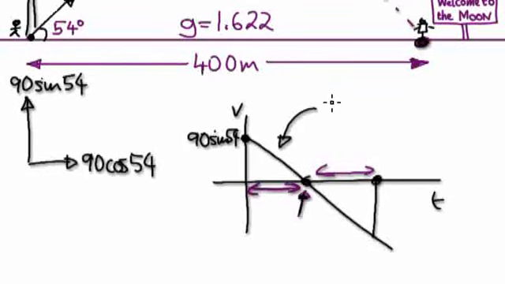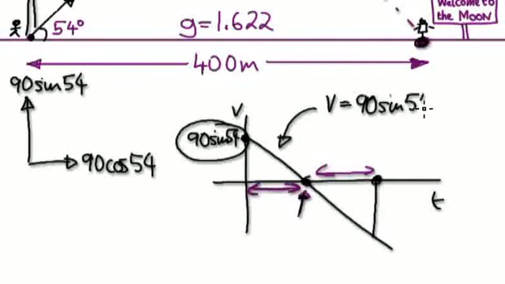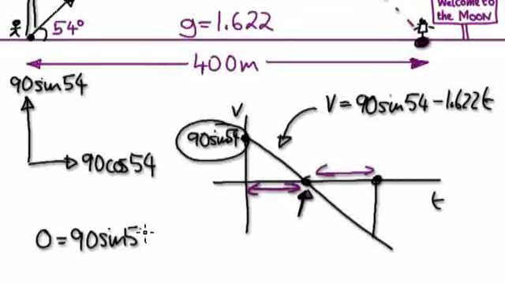First, we need the equation for this line. So it will be V equals the initial vertical velocity, which will be 90 sine 54, take away 1.622 t. So at this point here, the velocity will be 0. So put 0 into the V. So this will be 0 equals 90 sine 54 minus 1.622 t.